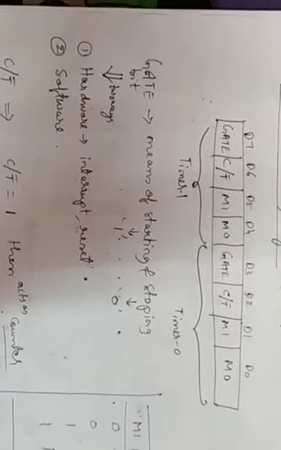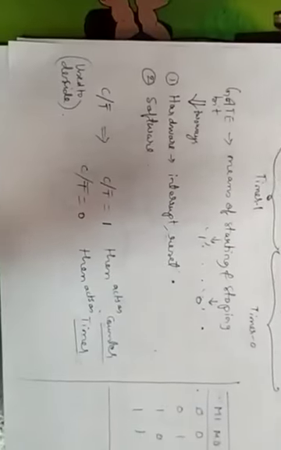The second case is when gate is 0, the timer or counter will run only while TR is equal to 1 in the TCON register, that is software control. So when gate is 0, it is software control. When gate is 1, it is hardware control.